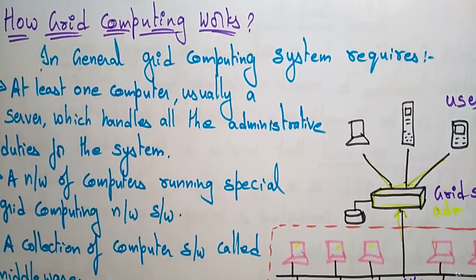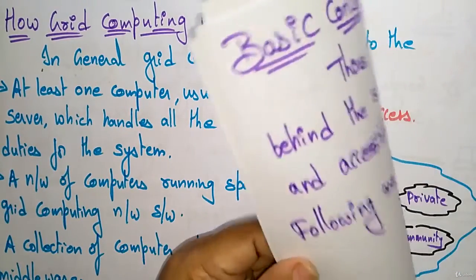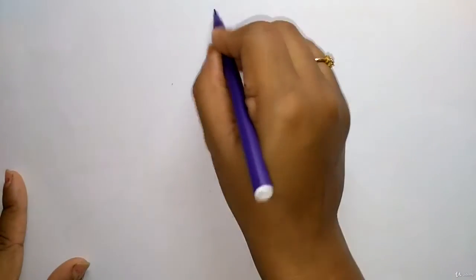Let me take a simple example. In grid computing, each computing task will be broken down into smaller pieces. Let's take a large file.